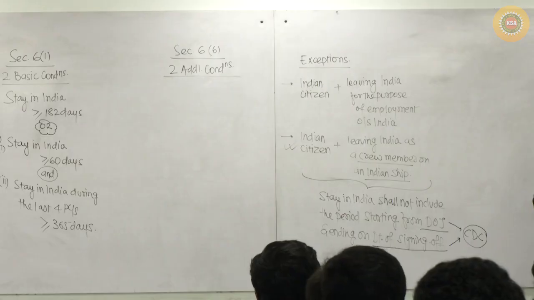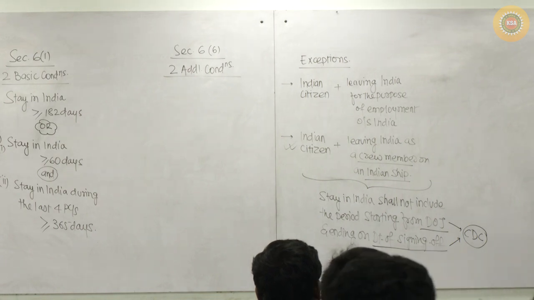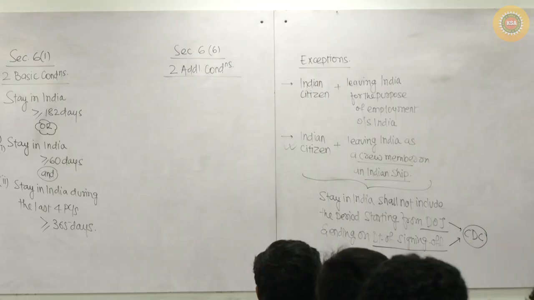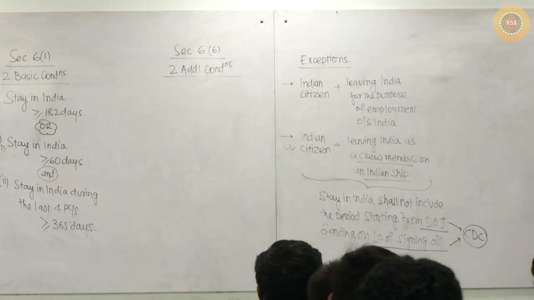For those crew members who are going on that ship, the shipping company will issue a certificate. And in that certificate, probable dates will be written. These are the probable dates by which you are supposed to join the ship.